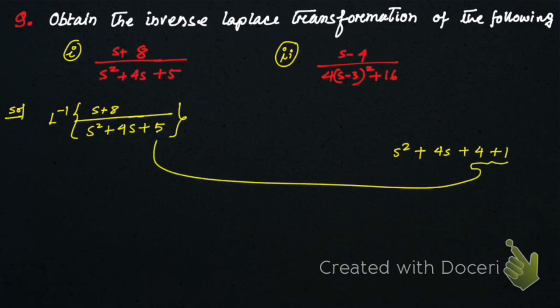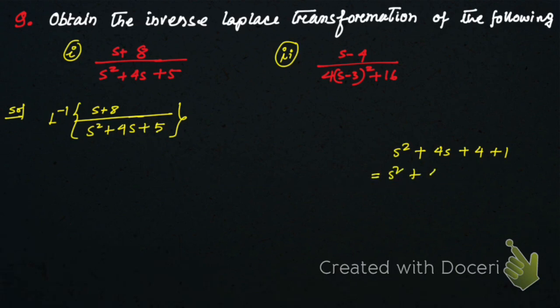So now you see, s square plus 4s can be written as 2 into s into 2. Then this 4 can be written as 2 square, right? And 1 can be written as 1 square. So here you can apply the a plus b whole square formula. That's going to be s plus 2 whole square, right? Plus 1 square, which is simply 1. So that's how you can simplify the denominator.